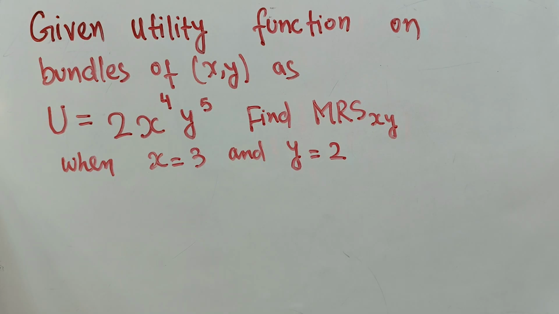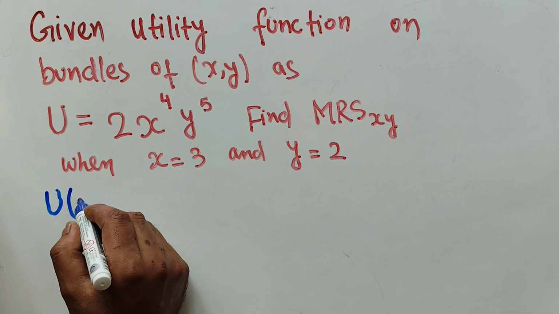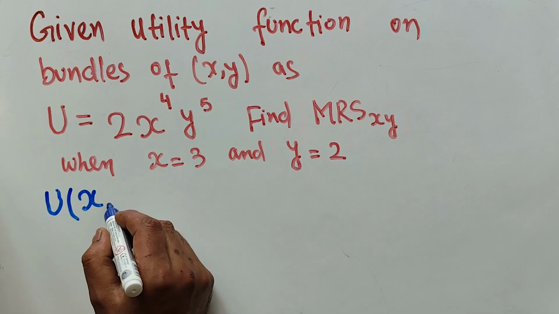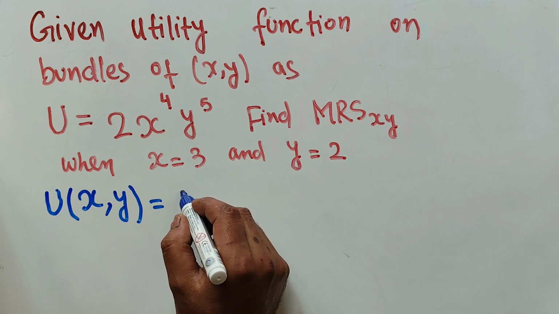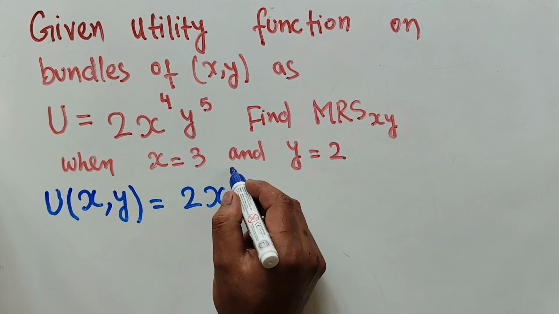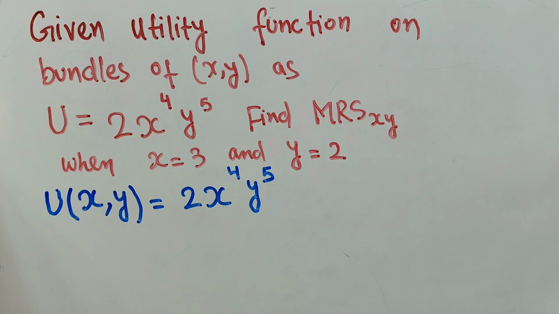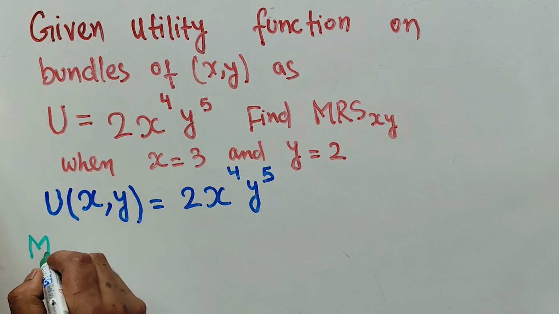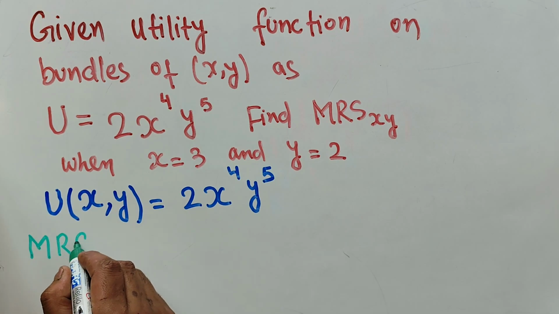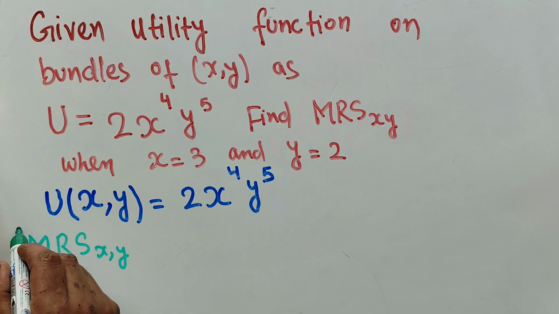Given the utility function, utility is a function of two goods x and y, which is equal to 2x^4 y^5. Now MRS, the marginal rate of substitution between the two goods x and y, in absolute terms.